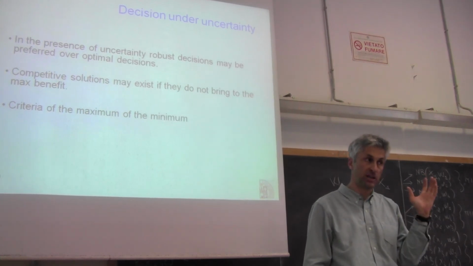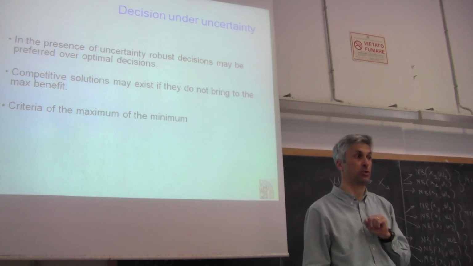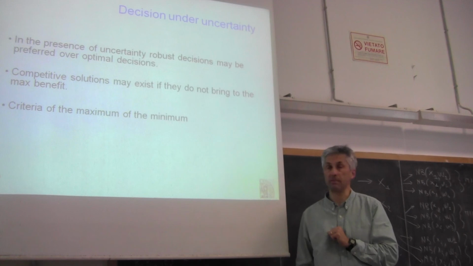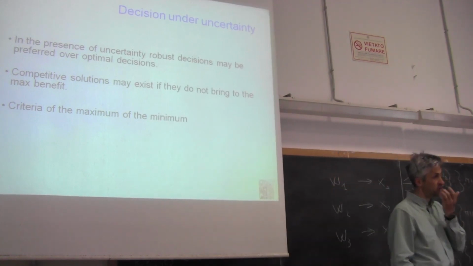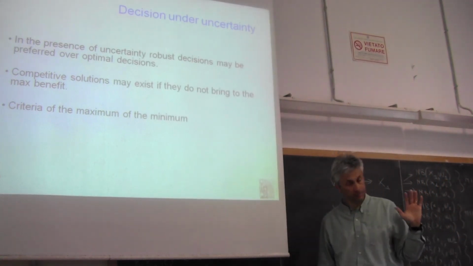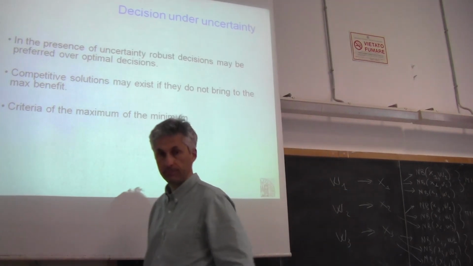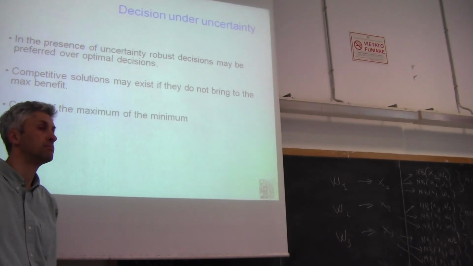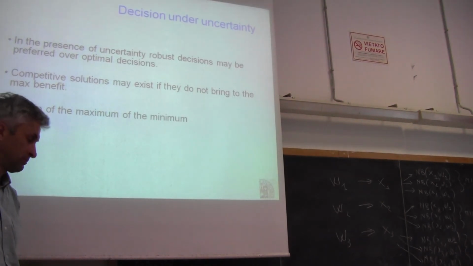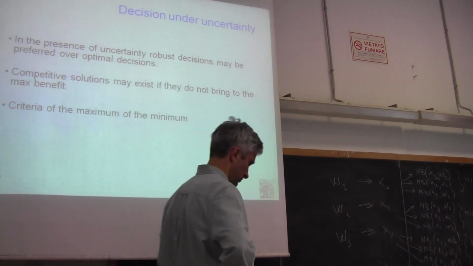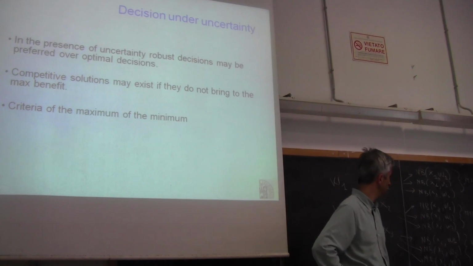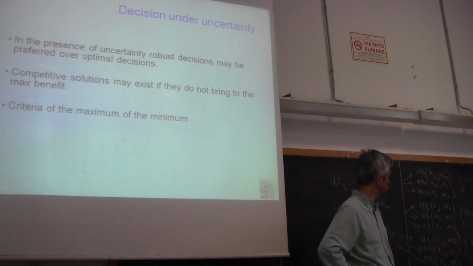I say again, the maximum benefit that is for sure available. This is the criteria of the maximum of the minimum. Of course, it is very prudential. We will have this max for sure, because, for instance, if the first scenario is the max minimum, but then the second occurs, it means that it's lower than our estimated one, so it's not available.